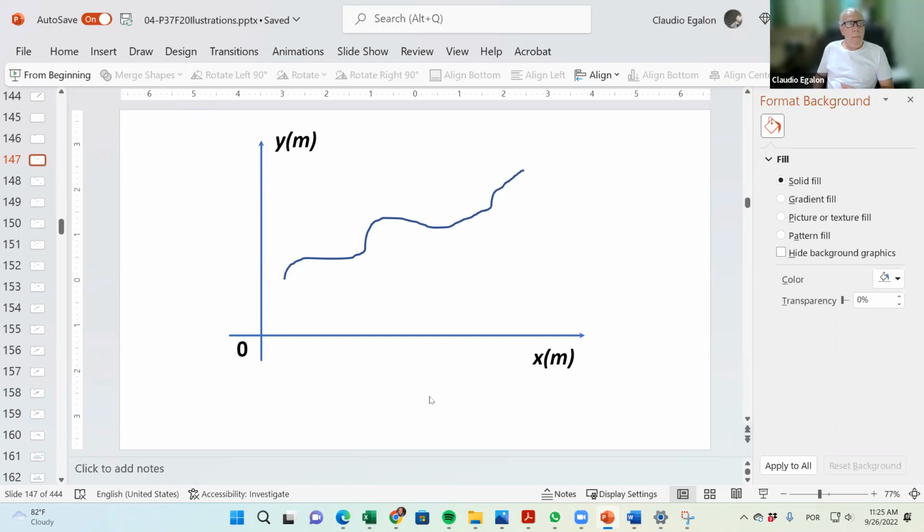Then we put the particle at a given instant of time along this line. This particle is at position x naught, y naught. That should be known because we have this curve here. This coordinate x naught, y naught can also be represented by a vector that I call R naught.